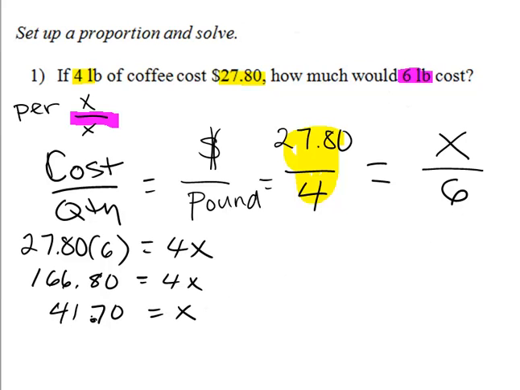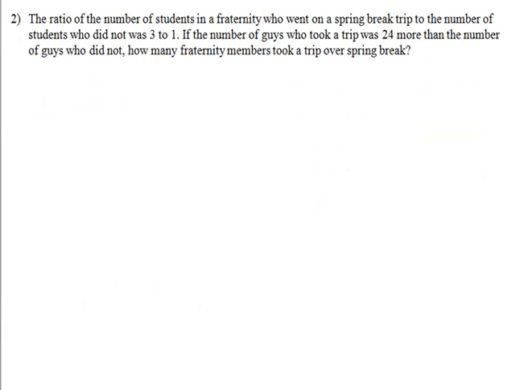So that tells me that in my new relationship, that should be $41.70. And that makes sense because 4 to 27, 6 to 41, it's within a reasonable amount. So go ahead and stop and copy, and I'll meet you on the next one.